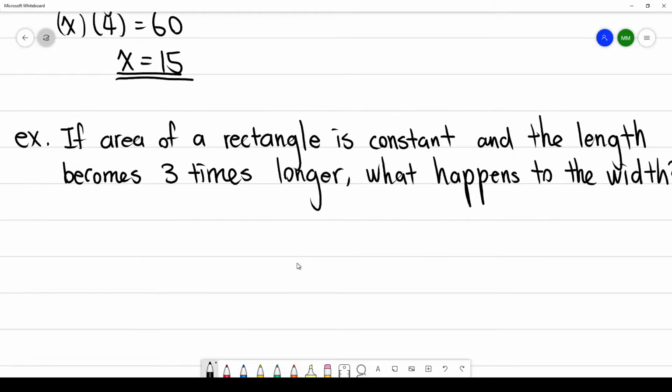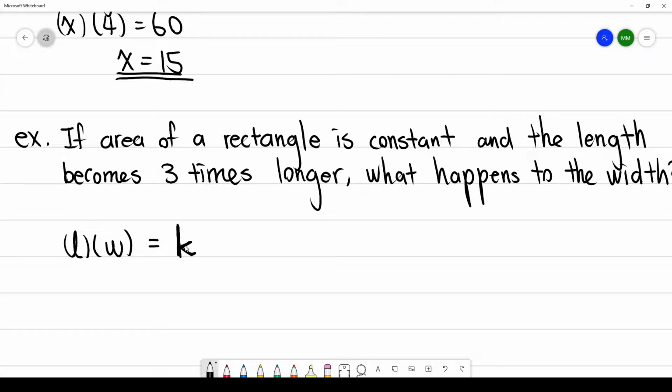So the area of a rectangle is length times width, right? Length times width is equal to k. The thing with proportion is that you have to get used to the idea of having a constant.